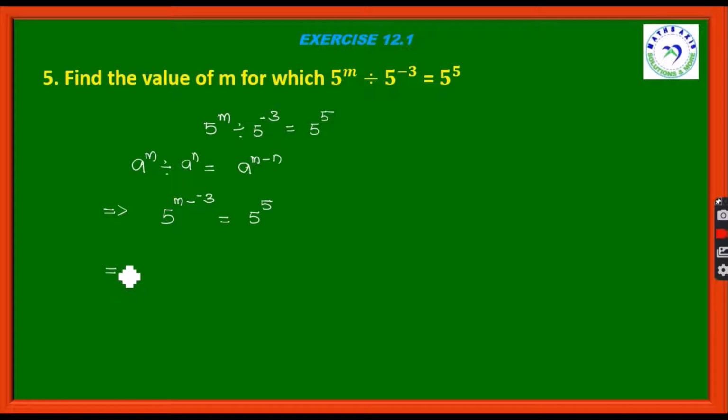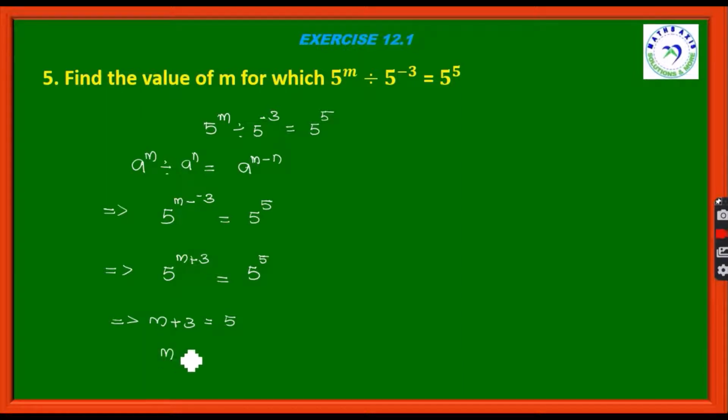Which implies 5 raised to m minus minus 3 comes m plus 3. 5 raised to m plus 3 is equal to 5 raised to 5, which means m plus 3 is equal to 5, as the bases are already the same.